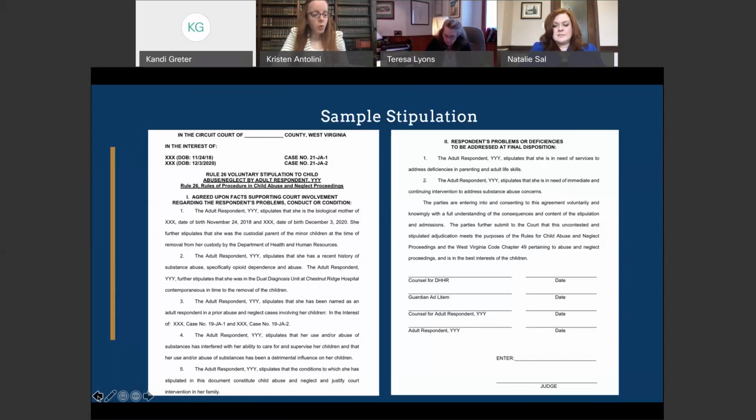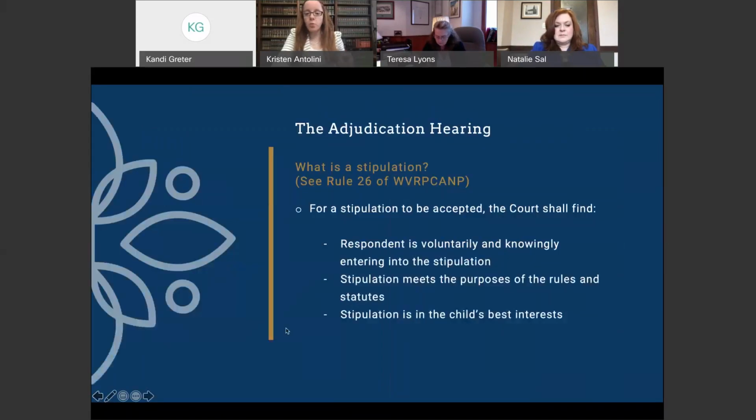And Teresa, for the court to accept a stipulation, what has to happen? Well, first, the respondent has to be doing this in a knowing and voluntary way. So typically the court will ask the adult respondent if they understand their rights, and whether they know that this is going to result in a finding that they're an abusive or neglectful parent.